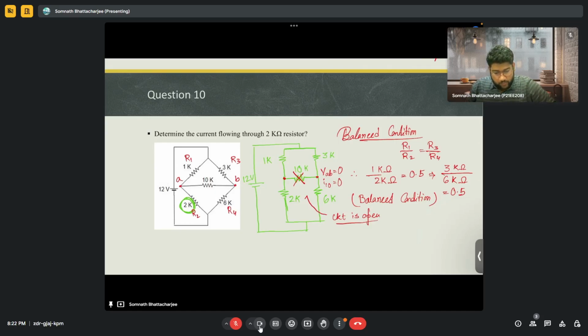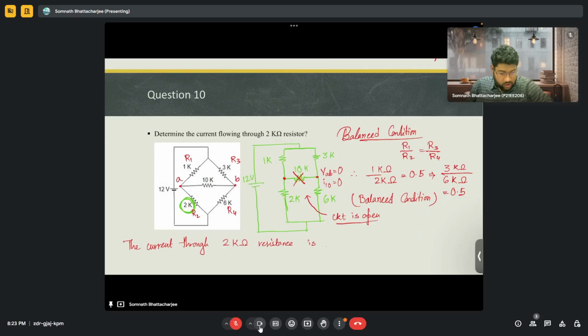So the current through this 2 kilo ohm resistance, we'll use Ohm's law.